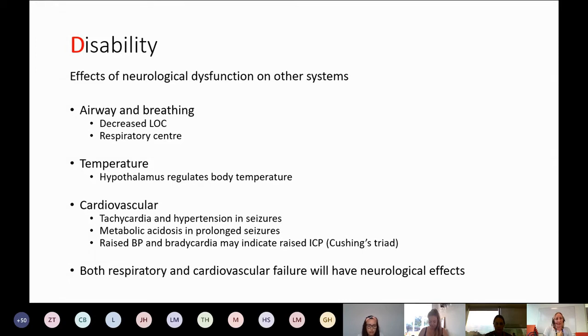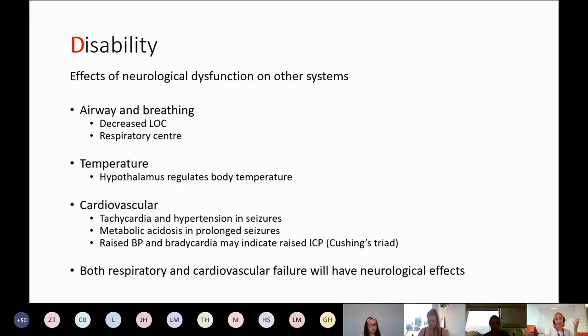Your respiratory centre clearly is in your brain. So if you've got something going on centrally in your brain, then their respiratory centre may be affected as well, and you get different patterns of breathing with neurological issues. Your temperature is controlled by your hypothalamus, so if you've got severe neurological abnormalities, you might find their temperature regulation isn't great. Cardiovascularly, we know that you get tachycardia and hypertension in seizures.